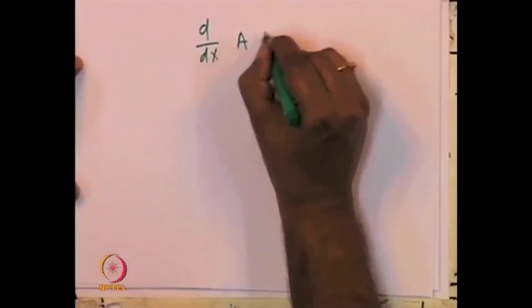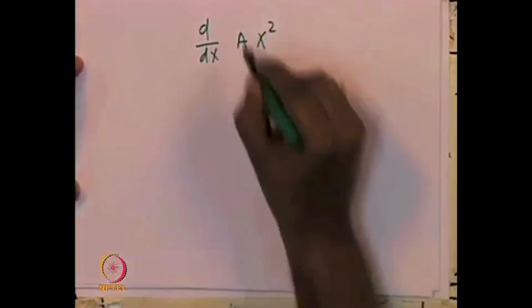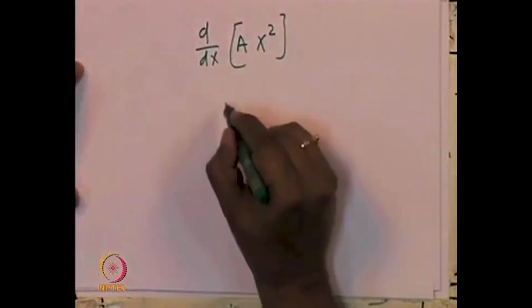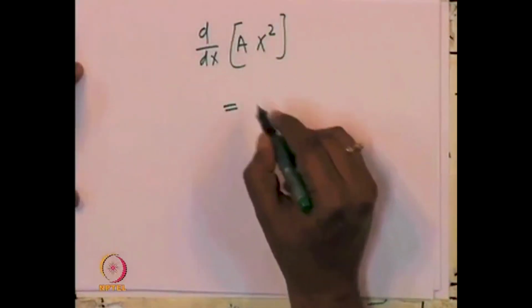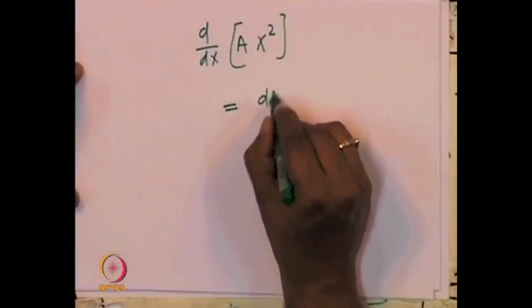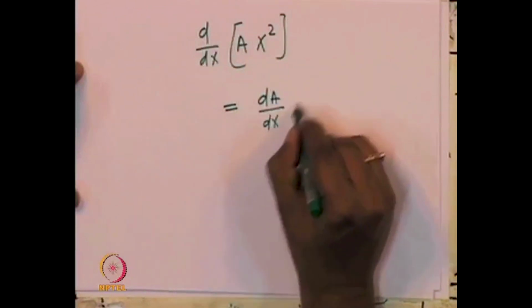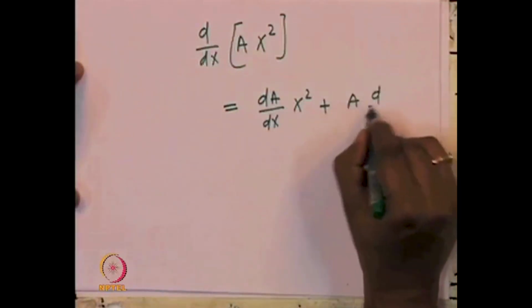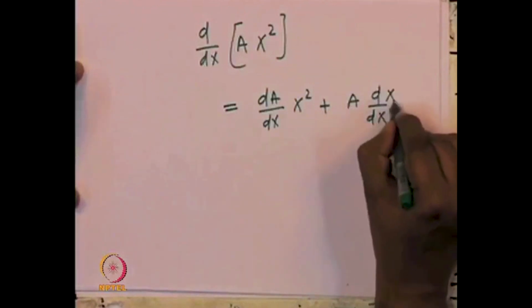You can extend this and apply something else. You can say d by dx of a, a is a constant, times x square. You can write this as dA by dx into x square plus a times d by dx of x square.